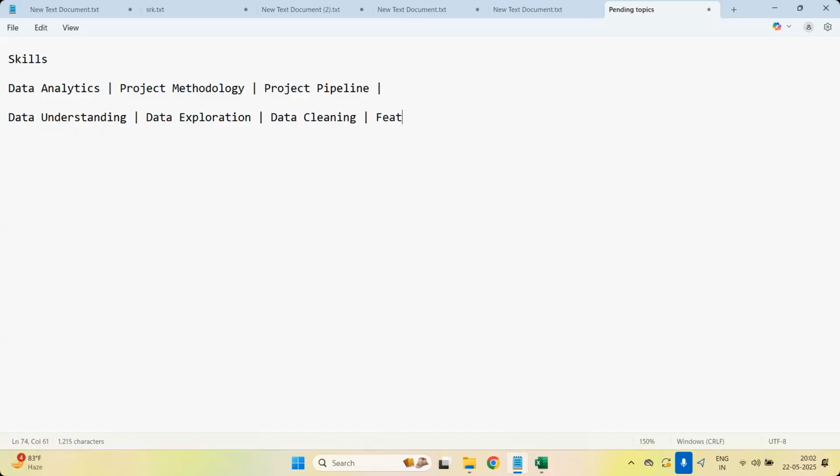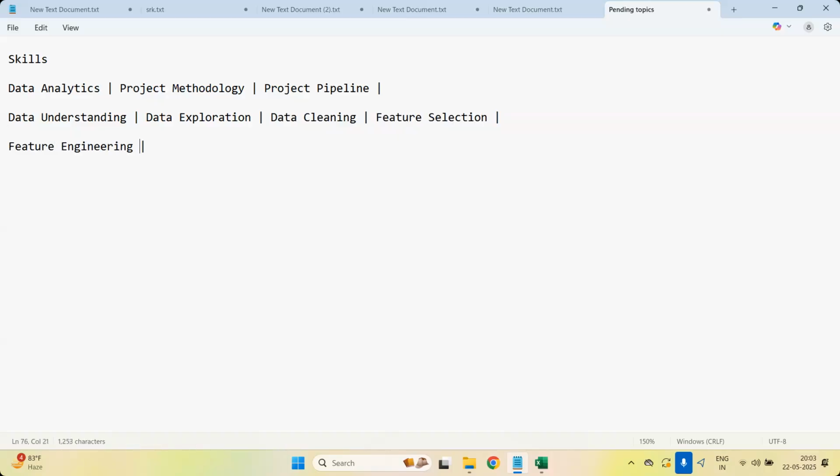Feature selection. Feature selection means dropping unimportant columns. Features are also called variables or fields. Followed by feature engineering. What is feature engineering?